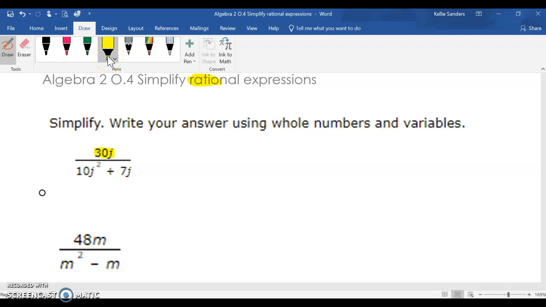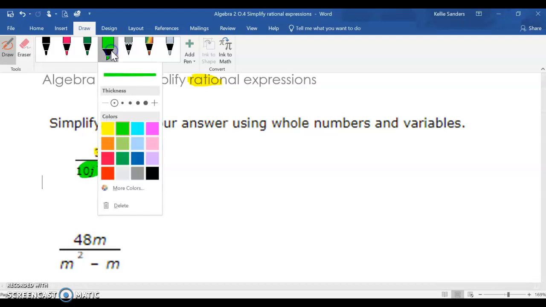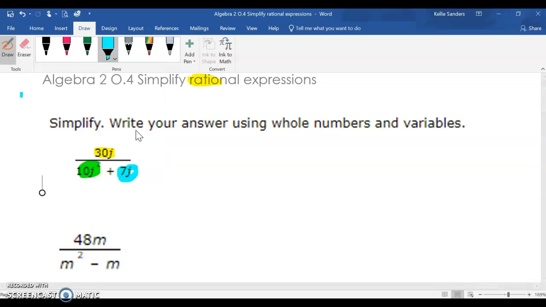We have 30j, we have 10j squared, and we have 7j. Now, because I've highlighted them all individually, can you tell me something about all three of them? Compare them. Is there something in common with them?